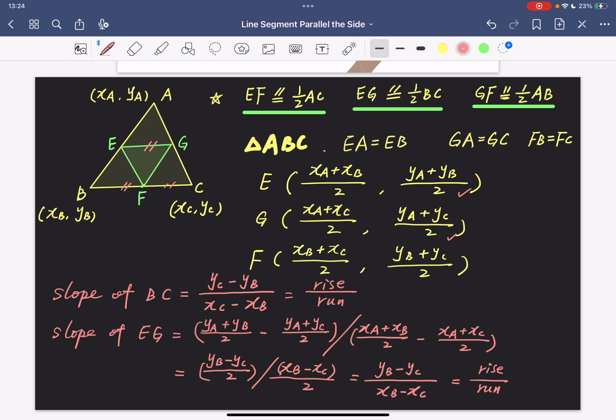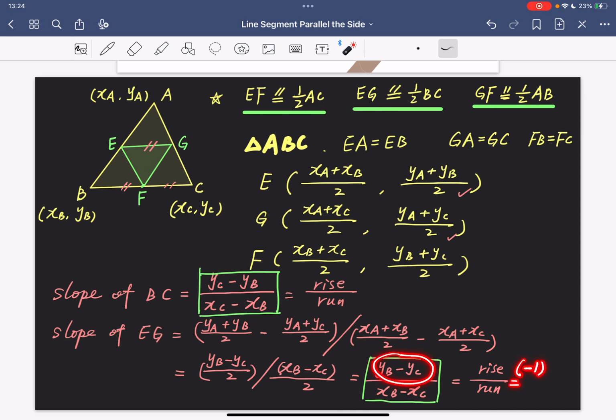Now, you will find this one equals this one, right? Although the order is different. Here, yc, xc are in front of yb, xb. Here, yc, xc are behind yb and xb. So you just need to factor out negative 1 from the numerator. Simultaneously, you can factor out negative 1 from the denominator.